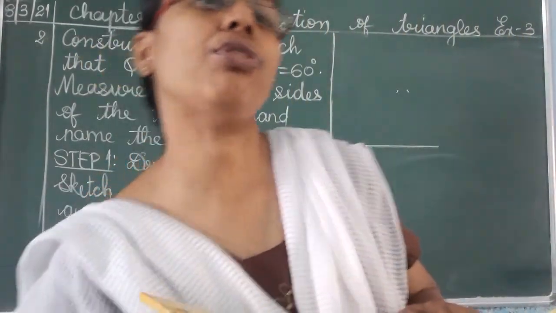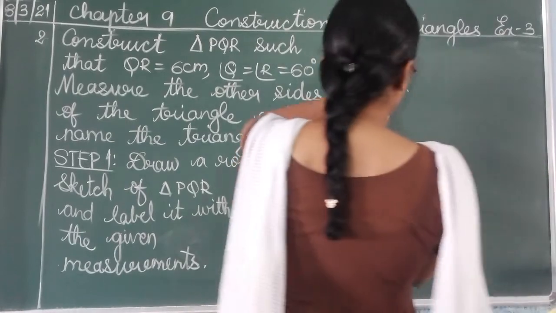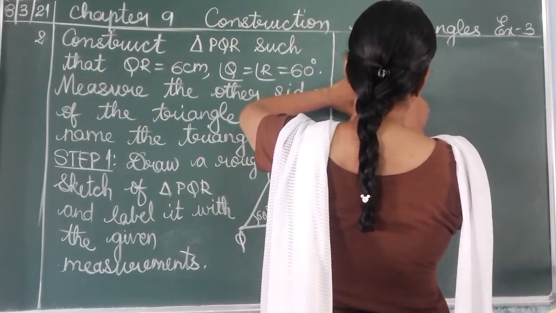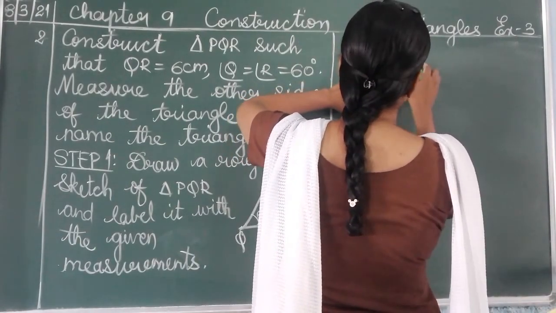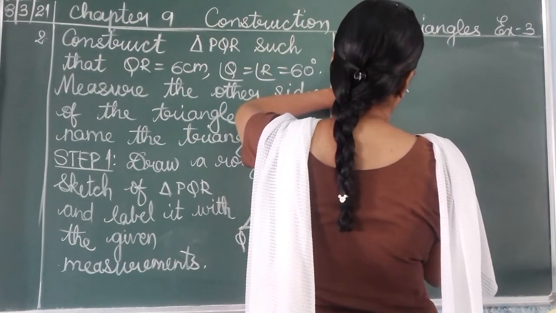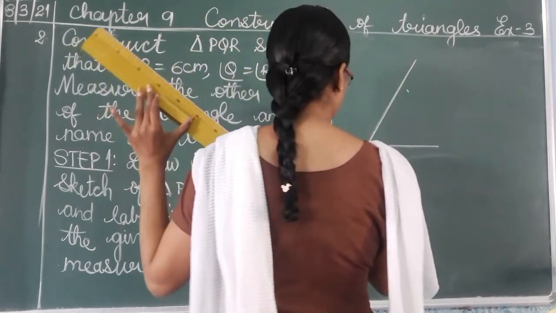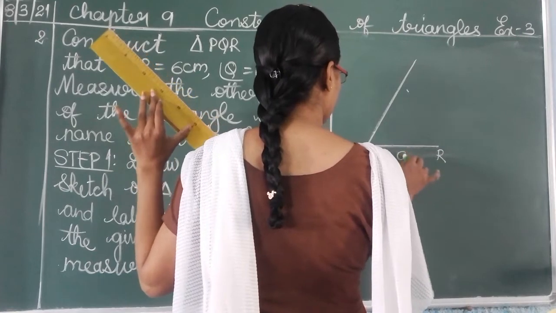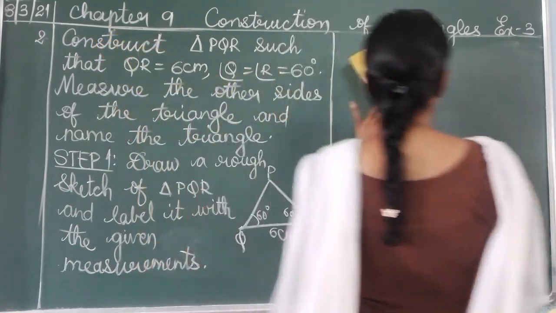60 degrees, both of them are 60 and 60. Now use your scale and join the lines. QR length is 6 centimeters.